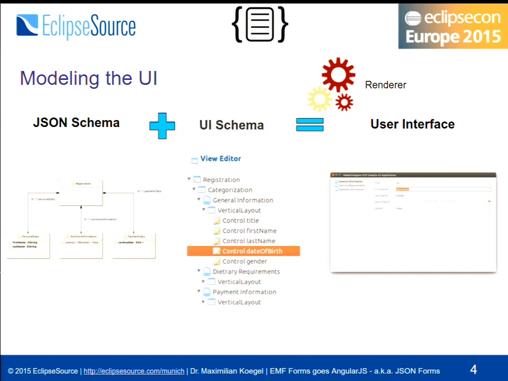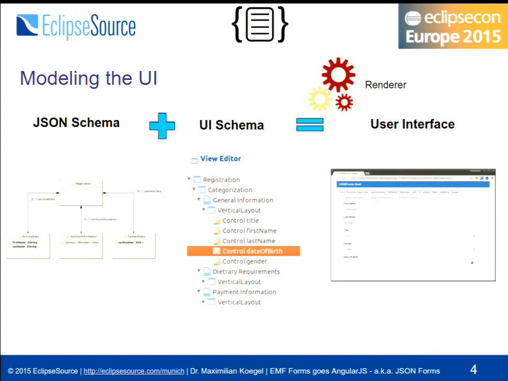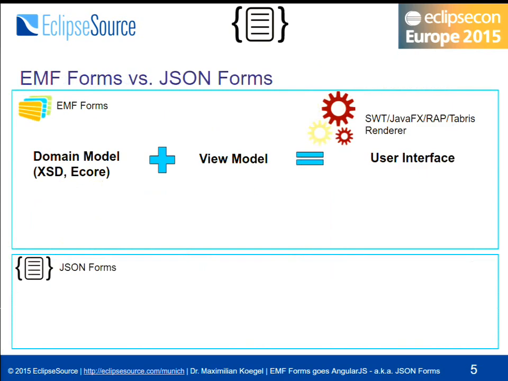And the view model becomes a UI schema. The UI schema still describes how to map properties onto forms. And of course, the result is a little bit different. It should be an AngularJS based web application, and the renderer in this case is an AngularJS renderer. Otherwise, it's pretty much the same.